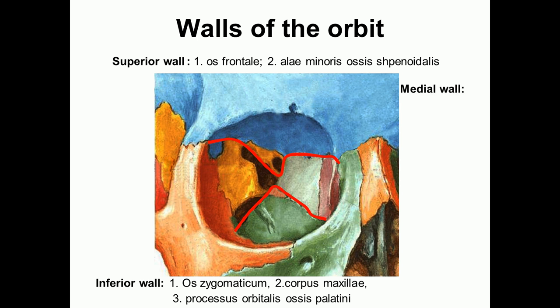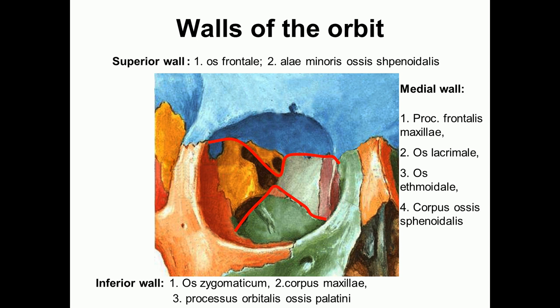Now the medial wall. Can you tell me, is it the right orbit or left? Sure, right. That's why it's the medial wall. So the medial wall is formed by 4 bones.